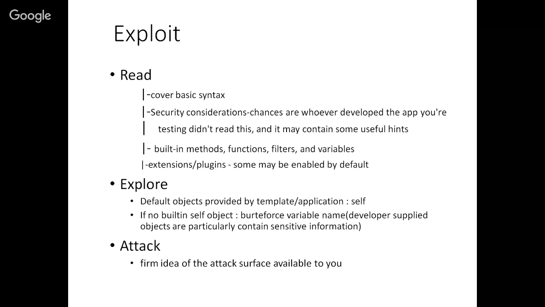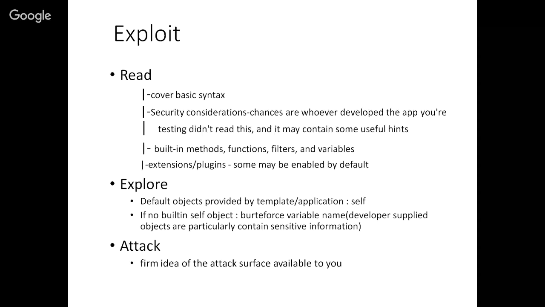Template engines use some objects and developers define their own objects, and these objects contain interesting information in the context of sensitive information. That could be very helpful for us to exploit it.